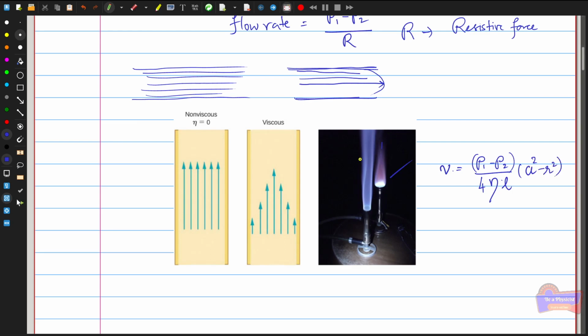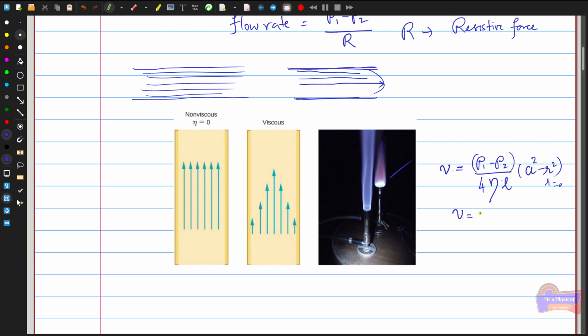Here A is the radius of this capillary tube, and R is the radius of the very small area which we have considered. Suppose the radius is equal to 0, that is r equals 0, then this relation gives the parabolic relation.